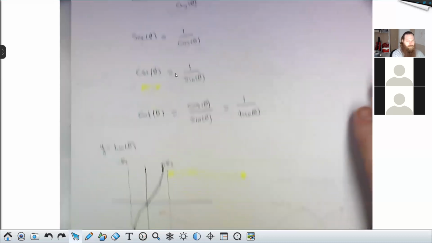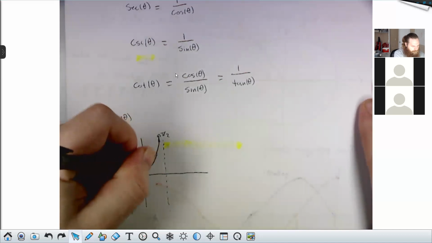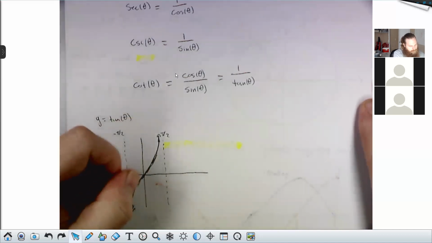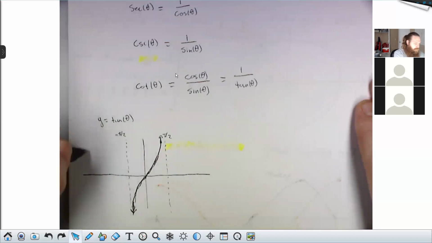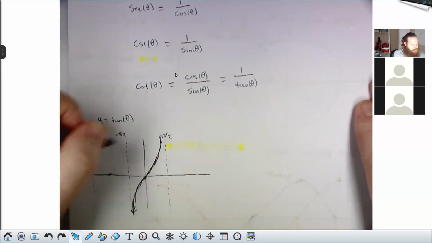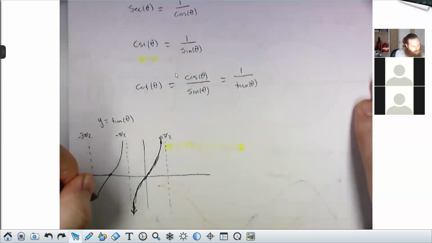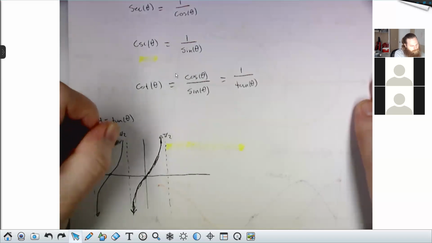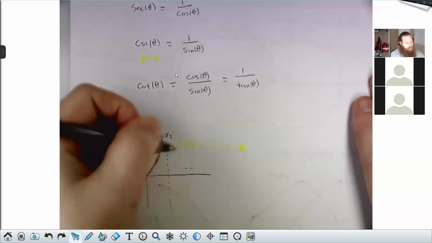He does this business. And he repeats, right? So his period is pi, and he repeats often like this. So this would be over here. This would be negative 3 pi over 2. And he'll have another branch in here that does the same sort of thing. And so on, on and on and on forever like this.